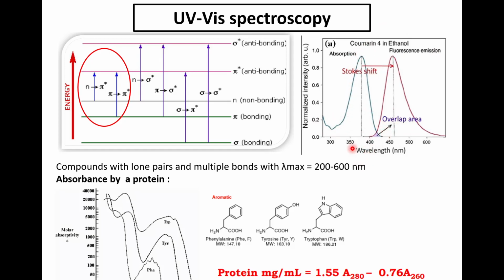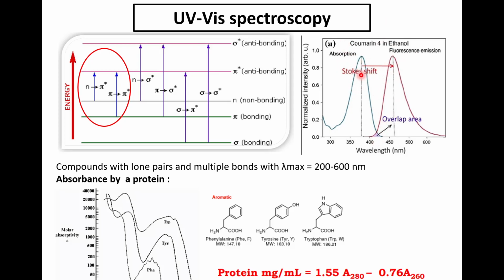Stokes shift means every time you see an absorbance, there will be a particular wavelength where you will have the maximum absorbance. That is given by your lambda max. So the lambda max value gives you the maximum absorbance. Similarly, you will get a maximum emission at a particular wavelength. And if you subtract the lambda max of absorption from the lambda max of emission, you will get the Stokes shift.